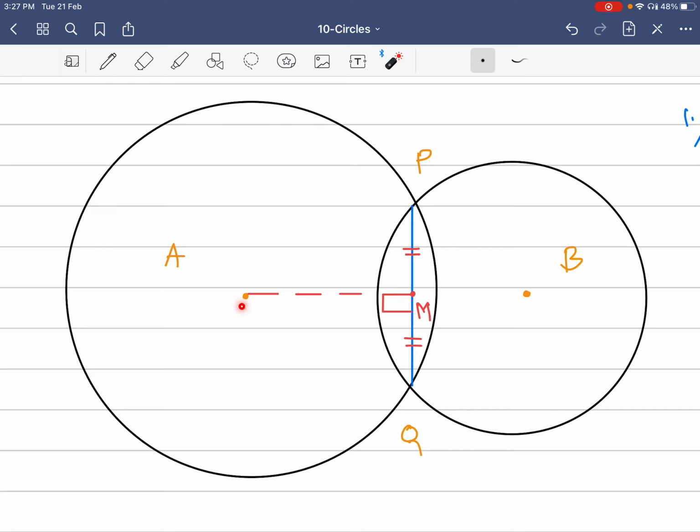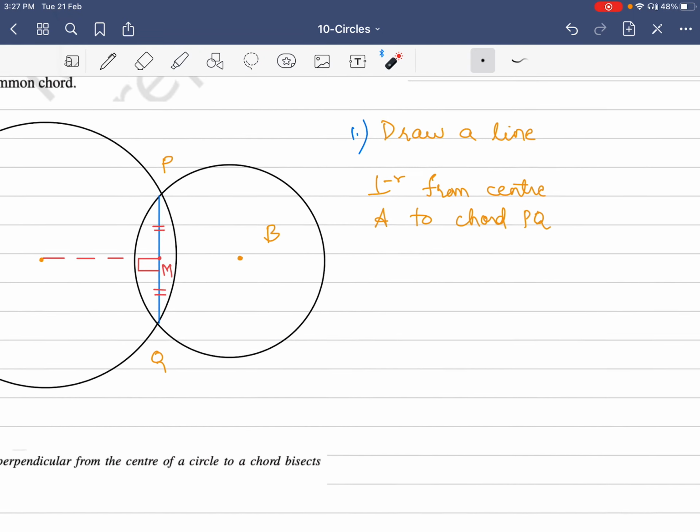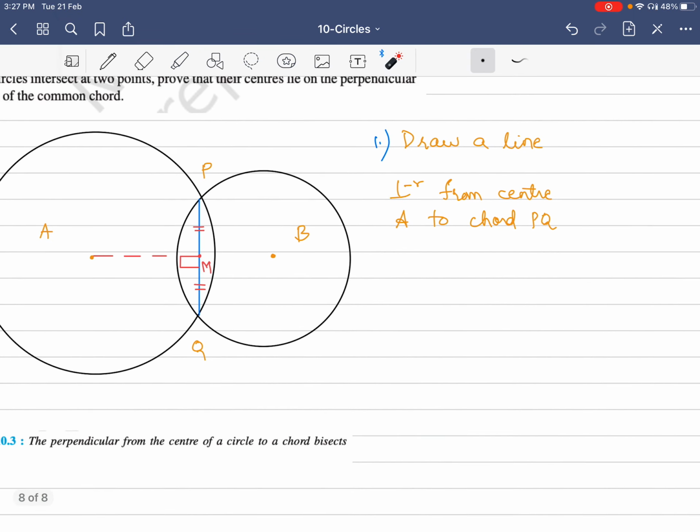Now look at this line AM. AM is perpendicular to PQ, and AM is also bisecting the chord PQ, which means AM is the perpendicular bisector of PQ. Let's write this here, A, closer to it.